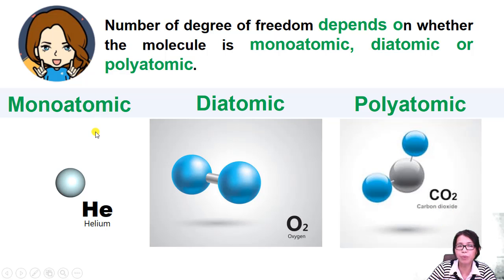Mono means we only have one atom. Diatomic means it consists of a combination of 2 atoms. A gas that consists of 3 atoms or more, we consider as polyatomic gas.